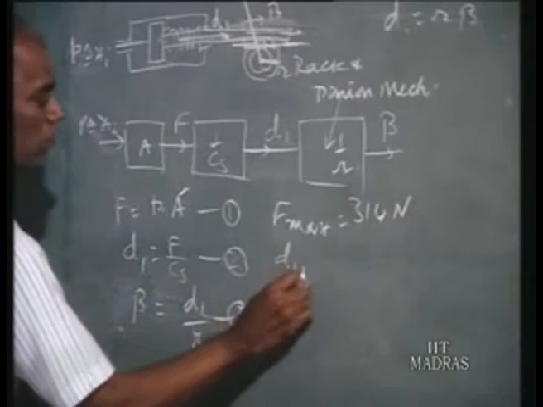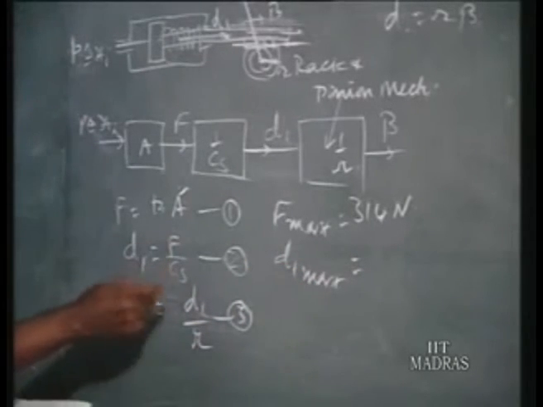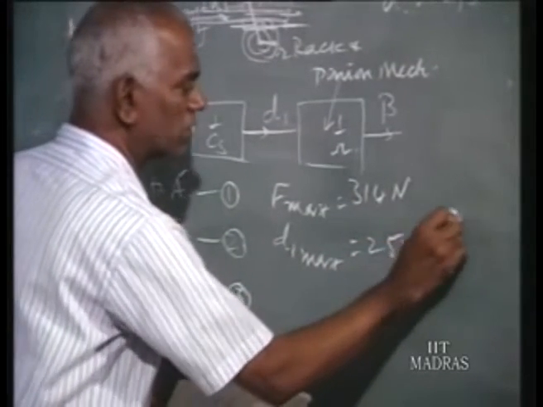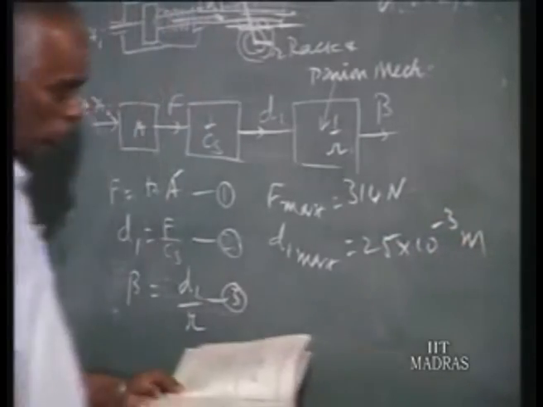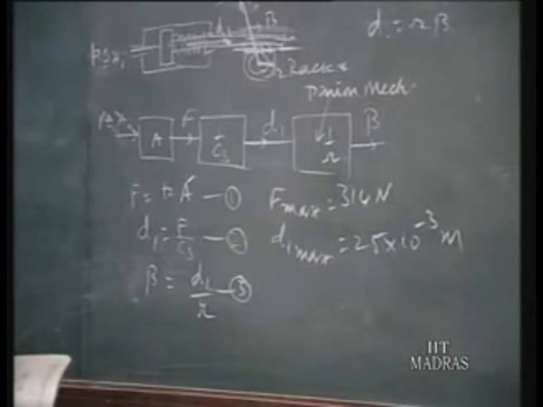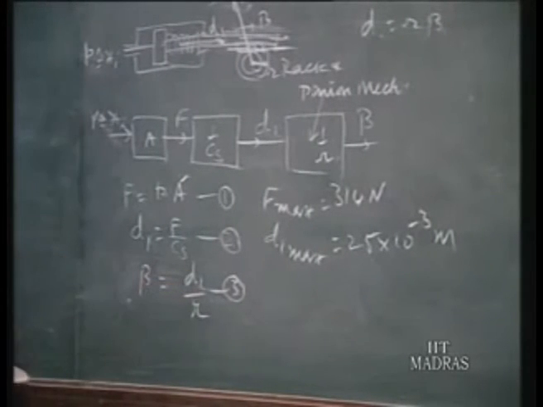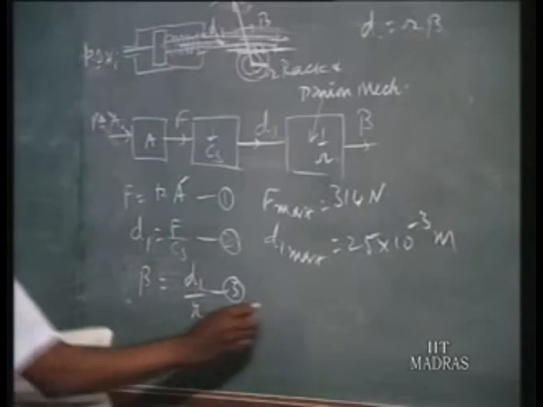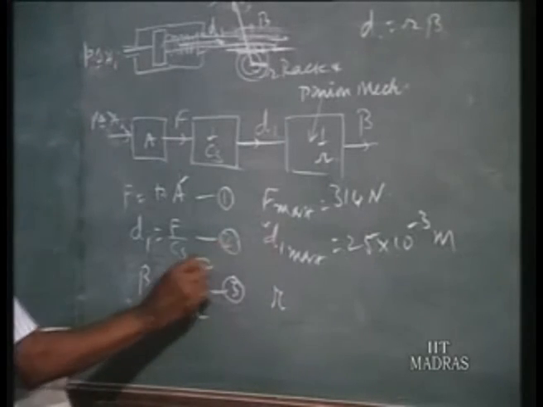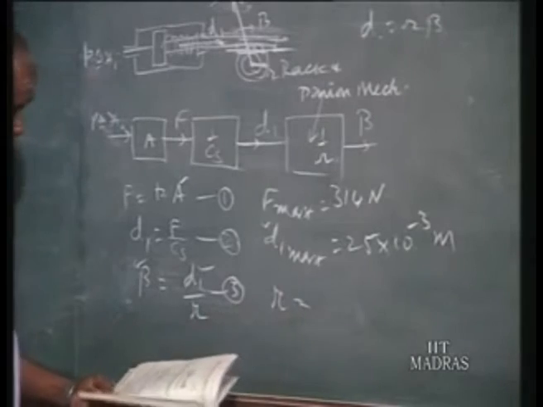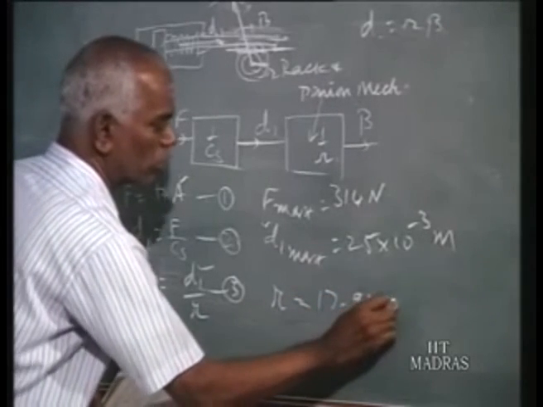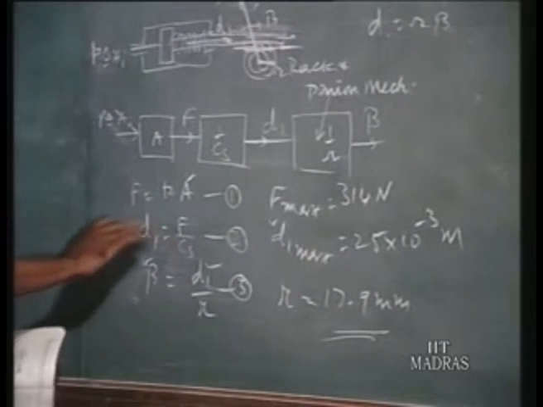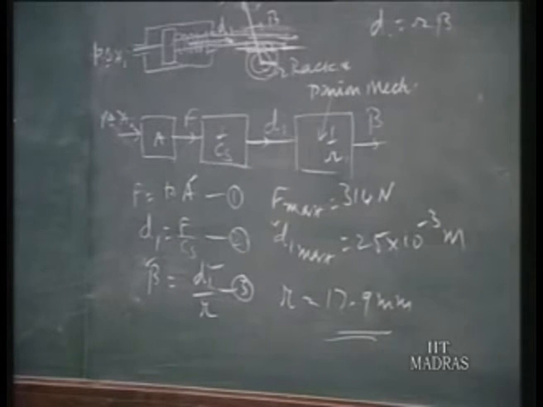So D1 maximum is equal to F maximum by Cs, which is 25 into 10 to the power of minus 3 meter, that is, 25 millimeter. D1 maximum is known, and beta maximum is given as 80 degree, which we convert to radians. Then R is known. Using this equation, R comes out as 17.9 millimeter. That is one of the missing data you can find out by using the signal relation of the individual block. Once you have found this, you can find out the total error in the input signal.